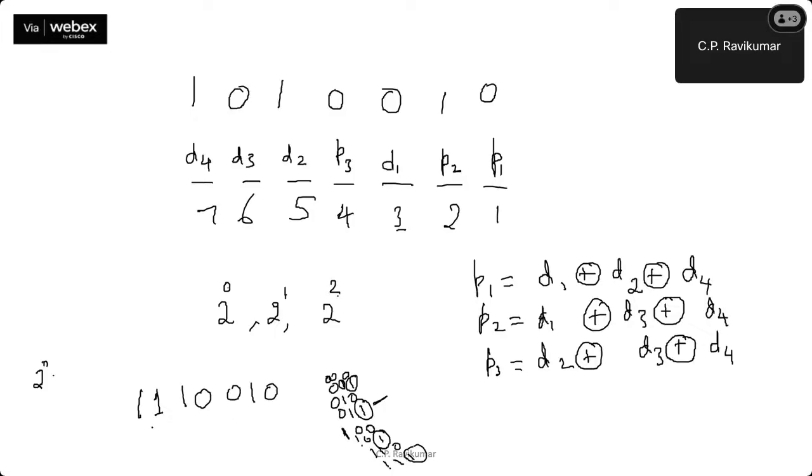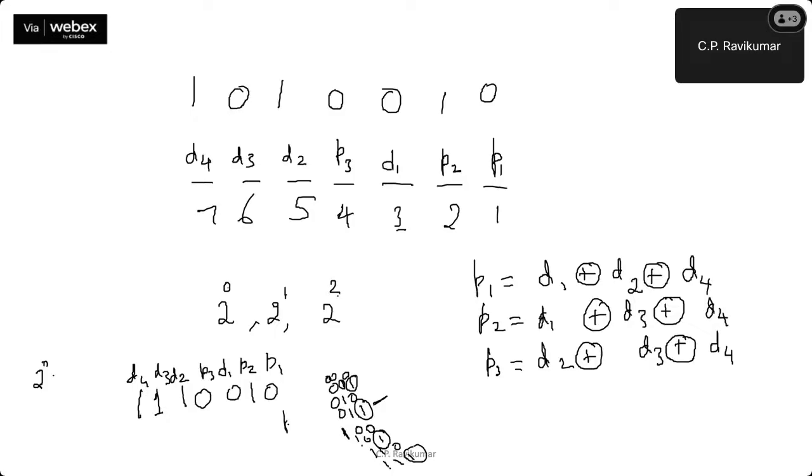Okay. So what is the P1 here? The new values of P1. So this is our D4, D3, D2, P3, D1, P2, and P1. Right?